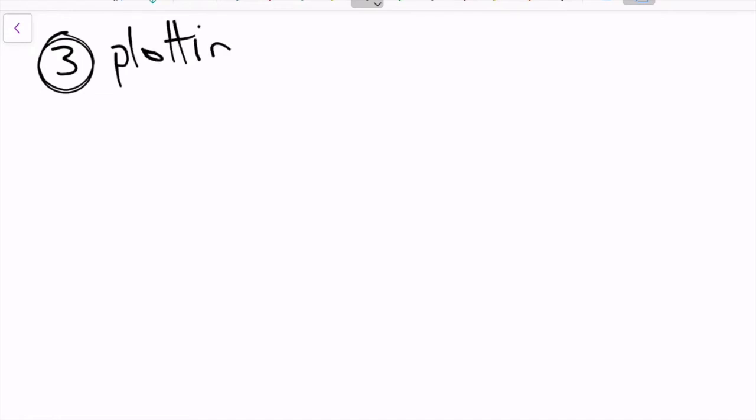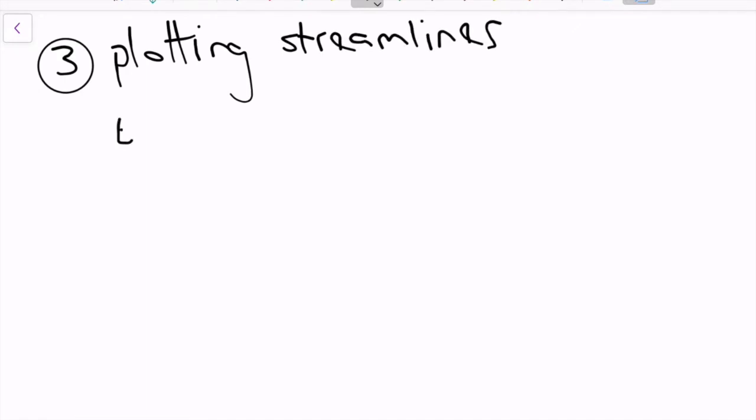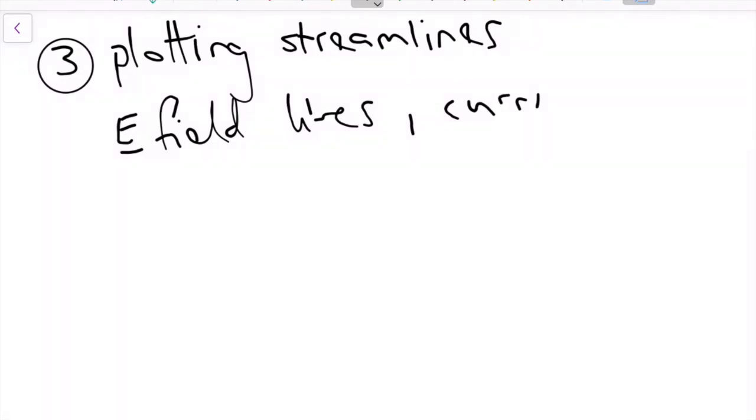Okay, and a third application, and I've used this a lot at uni, is plotting, say, streamlines for a velocity field. It might be electric field lines, it can be current lines, it can be magnetic field lines.